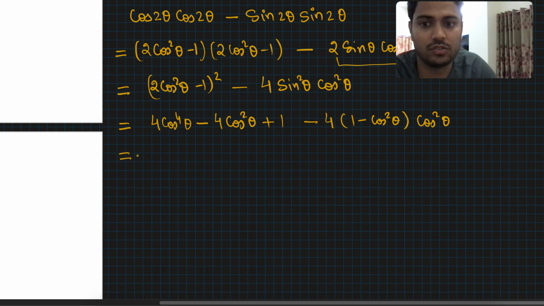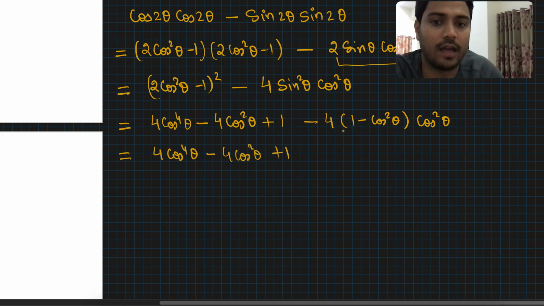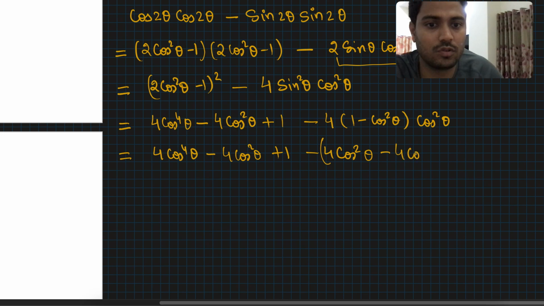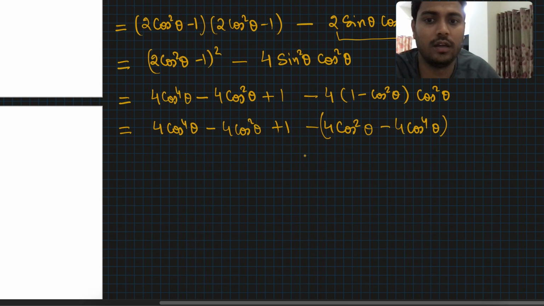So this can be written as 4 cos 4 theta minus 4 cos square theta plus 1, and then minus 4, let me keep the minus outside, 4 cos square into 1, so 4 cos square theta and minus 4 cos 4 theta, and now just open the bracket.